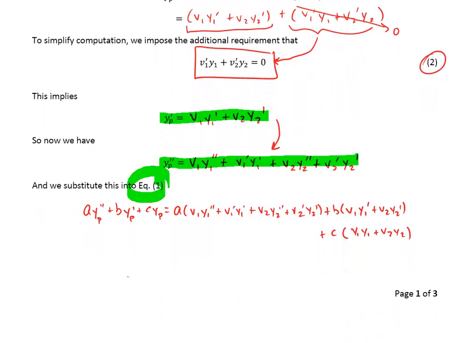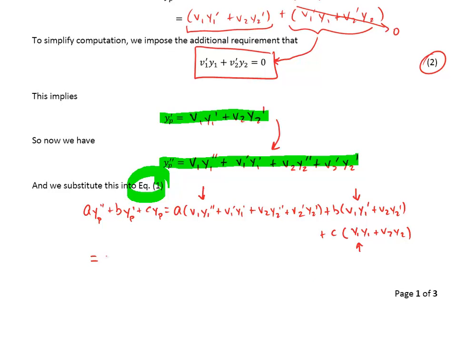All right, now let's rearrange this a little bit. This is all equal to, let's put all of these terms that I've got in arrows together. That's all the v1, y1. Since they all have a v1 in common, I can factor that out.